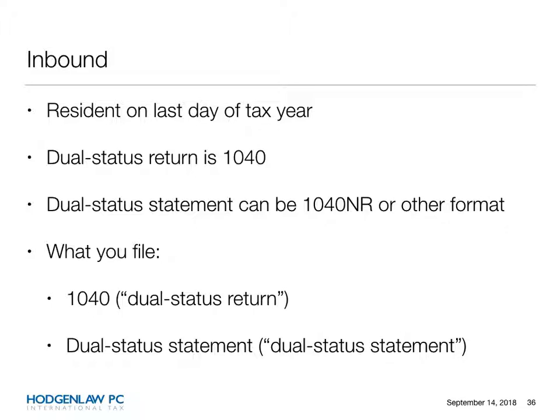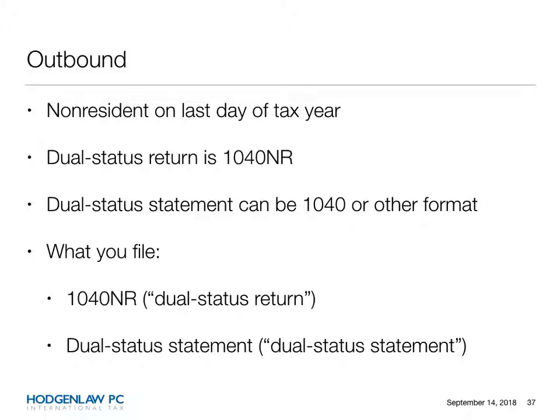Since what the IRS will be taxing you on is the 1040 dual status return, the due date will be whenever a 1040 is normally due. So typically 4/15 deadline, with the normal extensions to 10/15. Note that for dual status returns, e-filing is not allowed. So you have to paper file it in order for them to accept it.